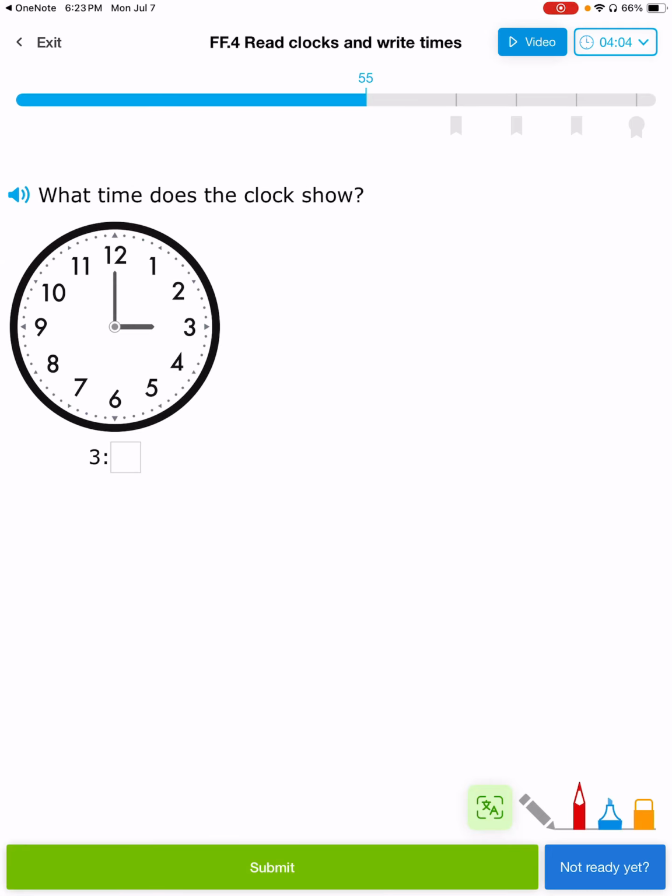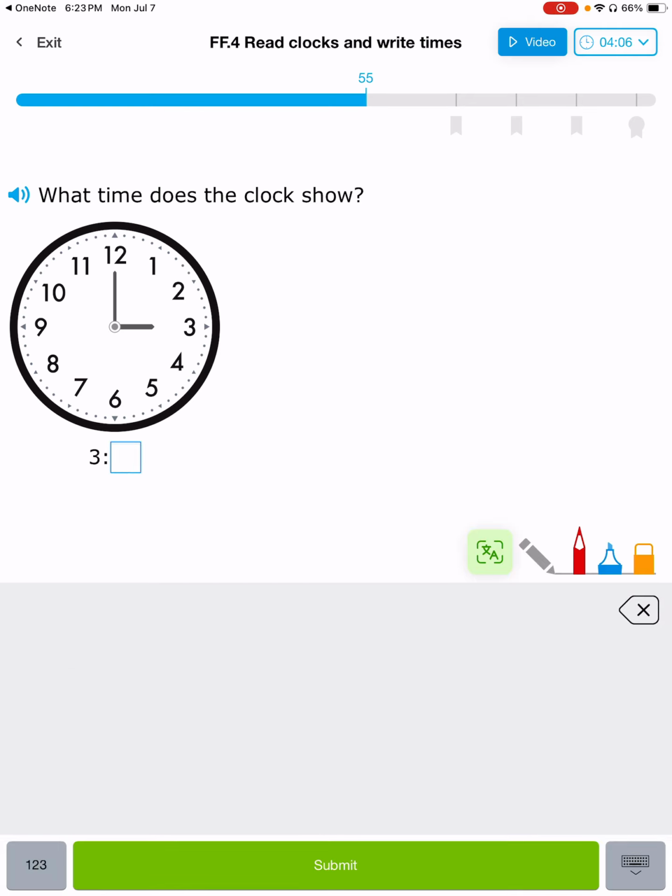What time does the clock show? All right, now we know the hour. Here, we're looking for the minutes. Minutes is shown by the long hand. And it is pointing at 12. That's always 0 and 0.